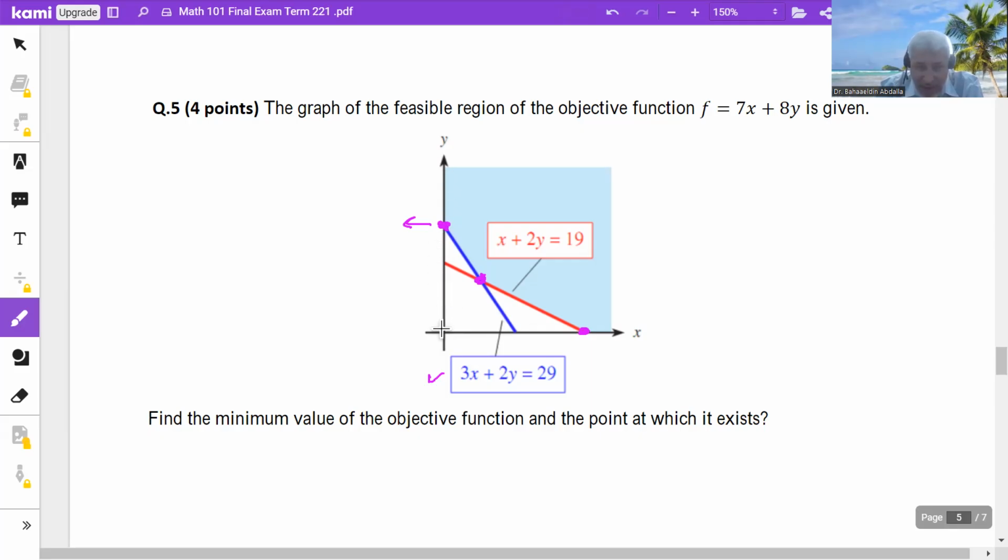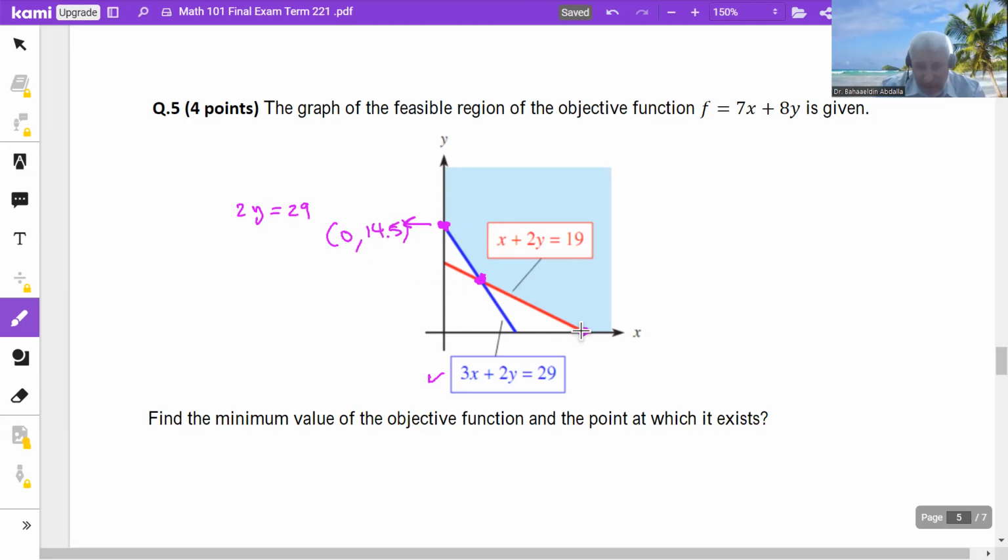When on the y-axis, x is 0. So you can simply put x equals 0 and write 2y equals 29. So y would be 29 over 2, and 29 over 2 is 14.5. So this point exactly, x is 0 and y is 14.5.